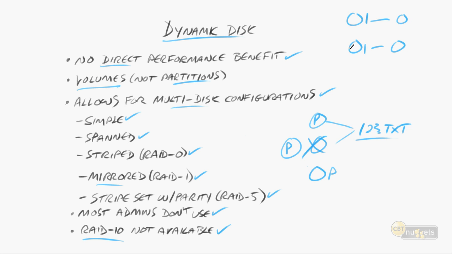So for example, if this disk were to fail and this disk were to fail, we still have a full copy of our data. In fact, even if all 3 of these disks were to fail, we still have a full copy of our data. So RAID 10 really gives you pretty good redundancy and ability to recover the data even in the event that more than one disk fails. But that's not really part of the exam per se.